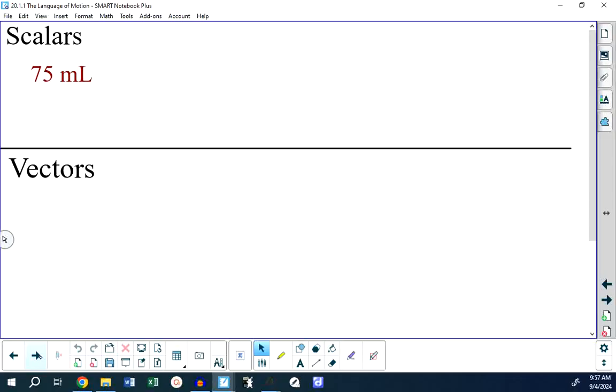Let's say I'm mixing some herbicide in a sprayer in my garage, and I need to measure out 75 milliliters of that concentrated substance, and I'm going to dilute it. I mean, imagine my surprise if I looked on the label and it said 75 milliliters east. What would that even tell me I'm supposed to do? I think I'd just go inside and have a nap because I would think I'm not thinking clearly.